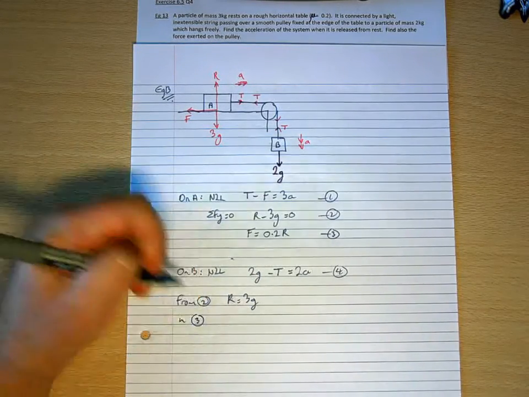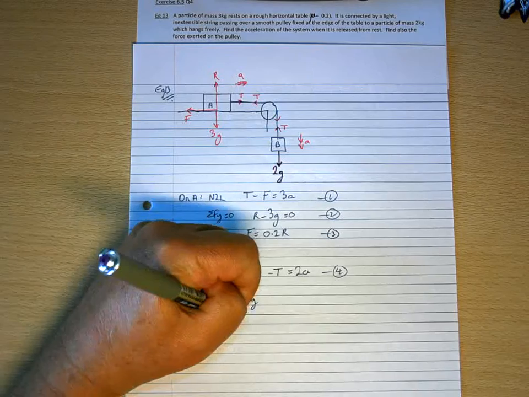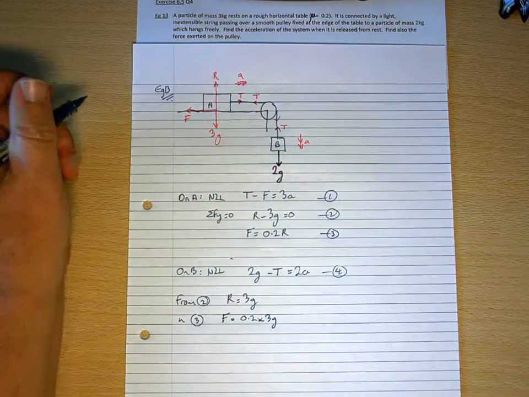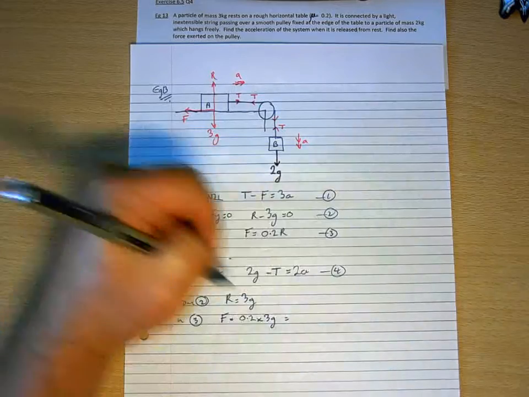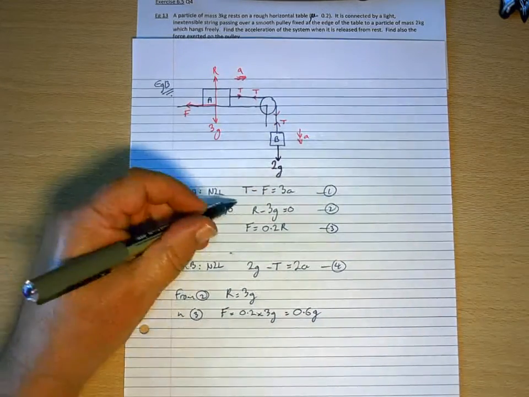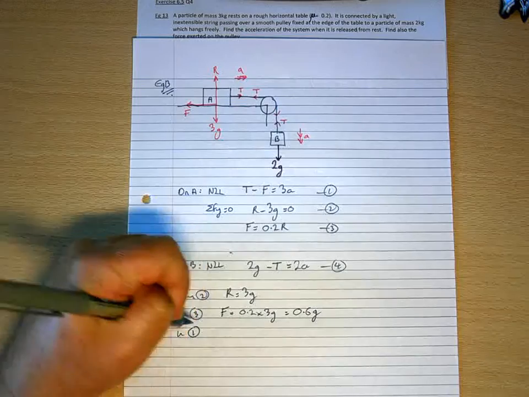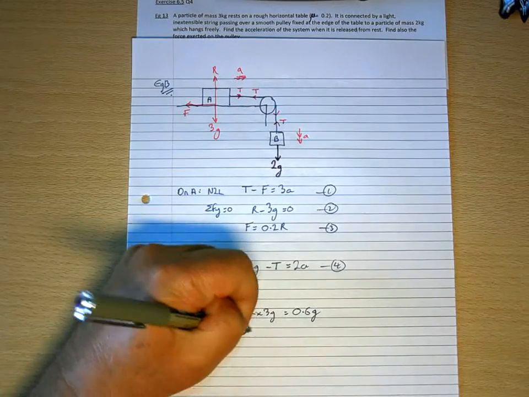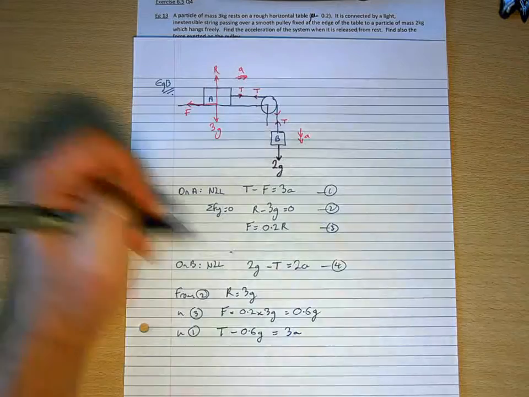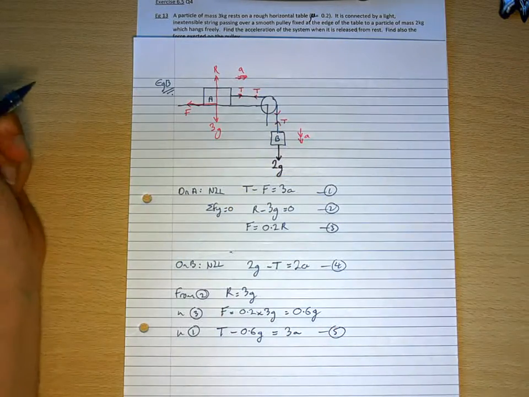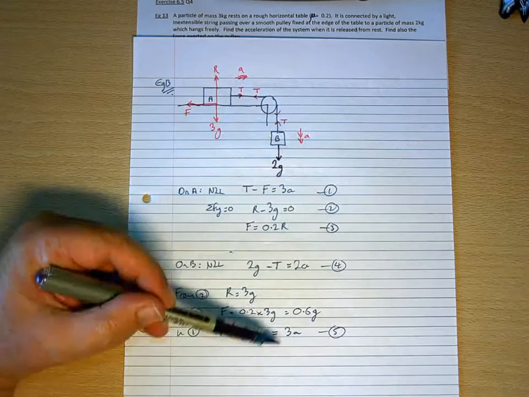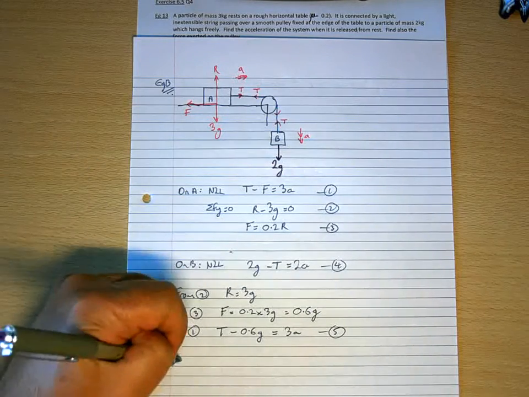In 3, F equals 0.2 times 3G, which is 0.6G. Put that in 1: T minus 0.6G equals 3A.